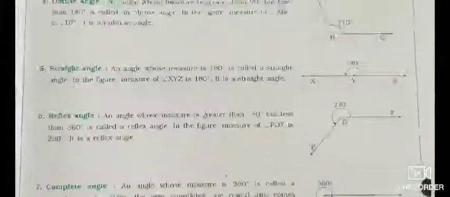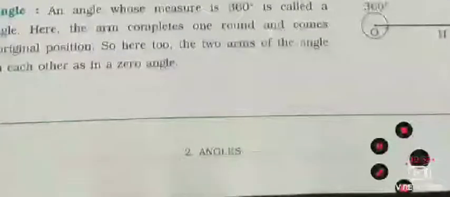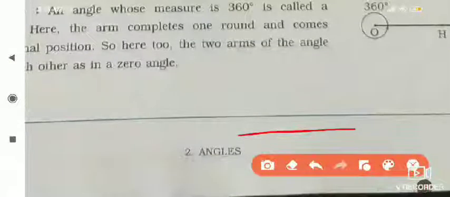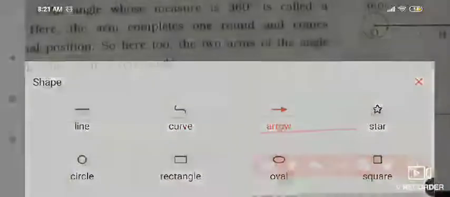So I will draw one figure here, and with it you can understand the different types of angles. Now if I draw the arm here, this is the first arm. In one figure only I will show you.